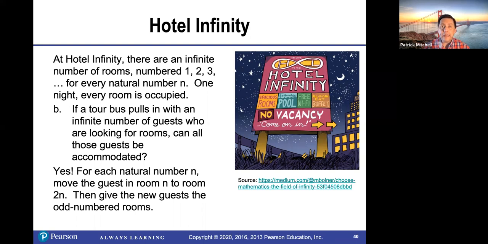If you're in room 3, you go to room 6. And so all of the guests that were already here go to an even numbered room. And guess what? That frees up all of the odd numbered rooms for my infinite tour bus. Isn't that fun? So that's one application of one-to-one correspondences.